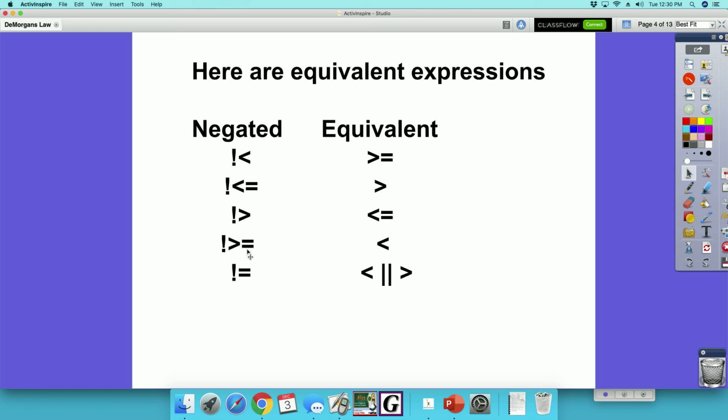Not greater or equal to is equivalent to less than. And not equal is going to create an or situation where something is less than a number or it's greater than. Because, for example, if it's not equal to 7, it's either less than 7 or it's greater than 7.